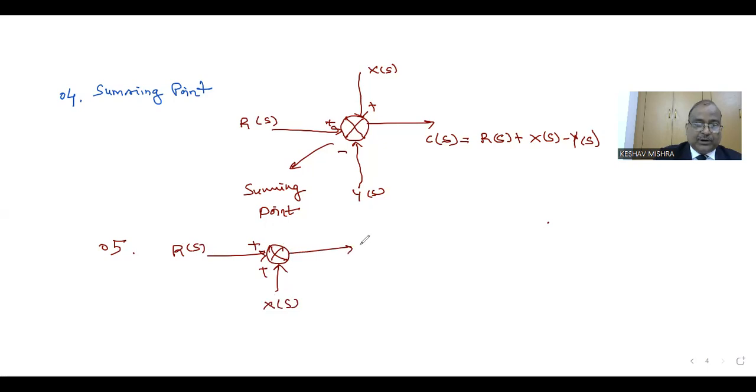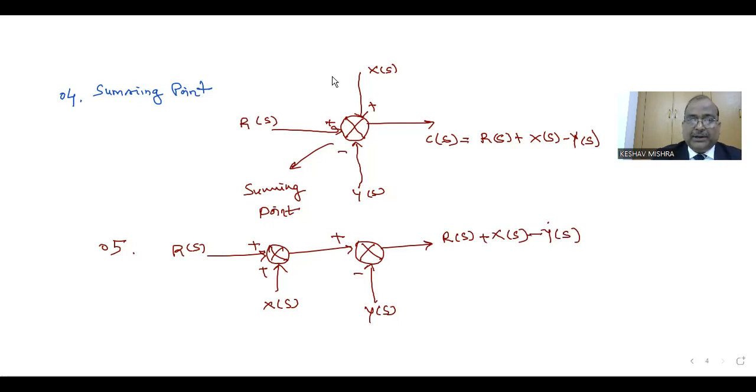Another summing point is available here, to which one input is Y(s), with sign minus, and this is plus. So we can take the output here. That output is R(s) plus X(s) minus Y(s).